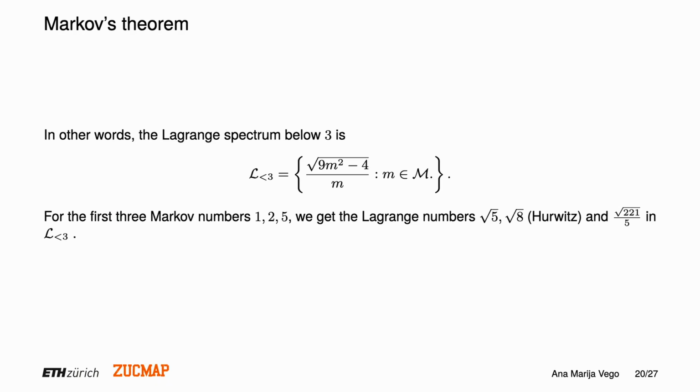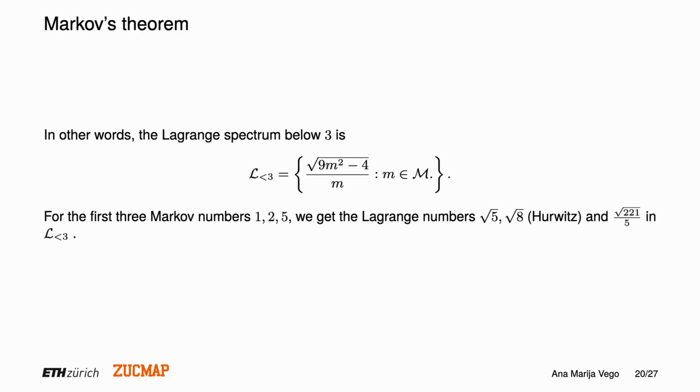And I have already told you that from the first few Markov numbers we can compute these Lagrange numbers, square root of 5, square root of 8, and the next one would be square root of 221 over 5, and we could make a very similar statement to Hurwitz's theorem. So this is pretty neat, to tell us that there is this explicit correspondence which we can also compute really nicely. But Markov's theorem does not stop there.